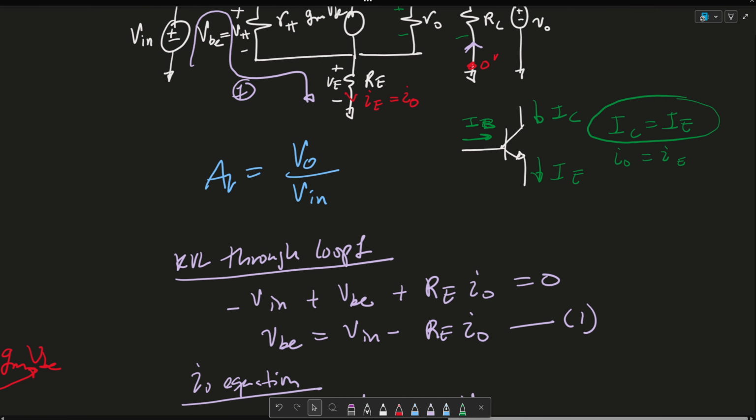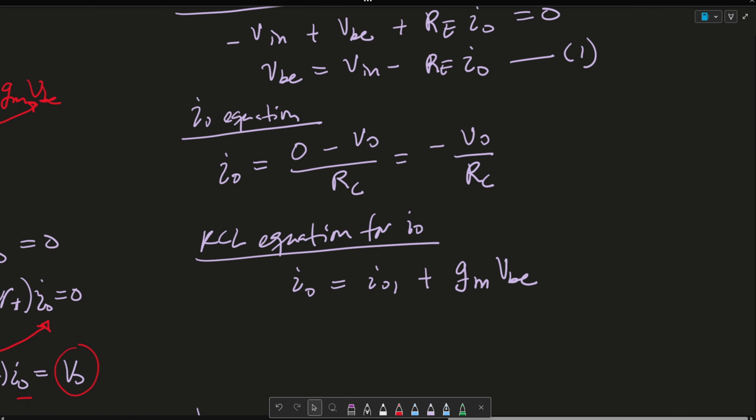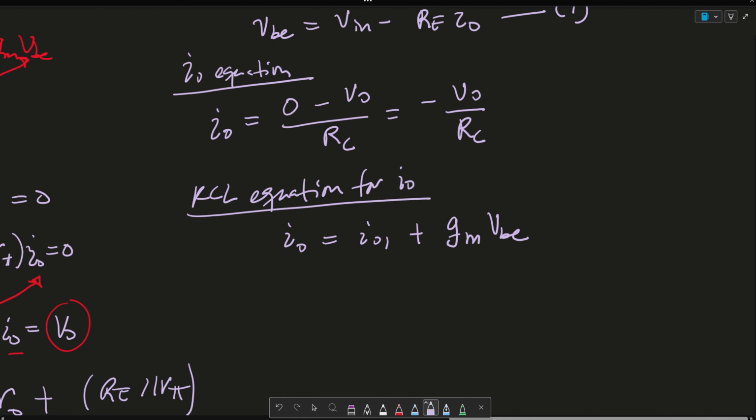Again, I get this from IO flowing through here. There's an IO1 here, and there's a voltage controlled current source, GM VBE. So let's go ahead and solve for IO1. IO1 is equal to IO plus GM VBE.